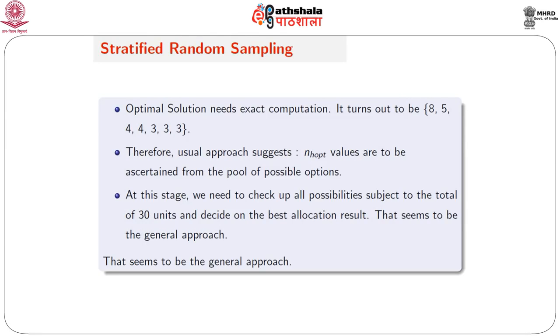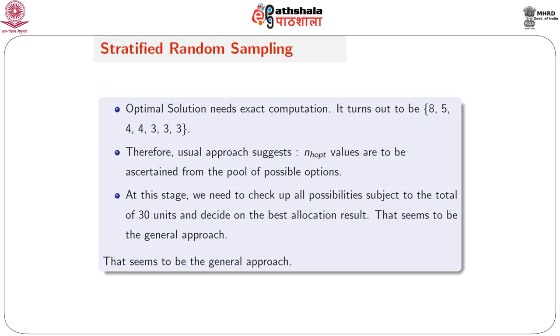So what is normally done is you look at all the 4 options, and for each, giving a total of 30, you write down the actual expression for V strat under each of these options, and then you compute the minimum variance, and thereby you come up with the result.